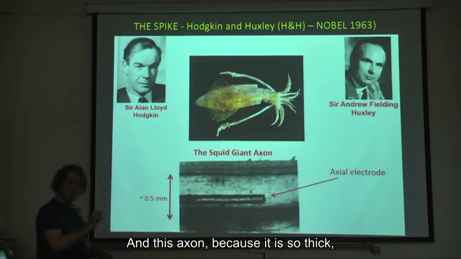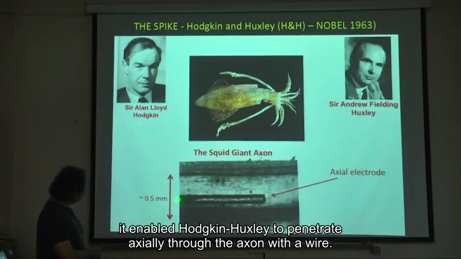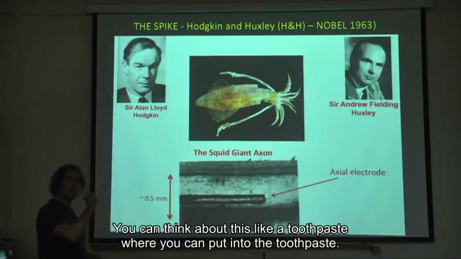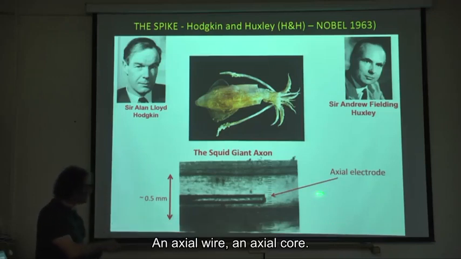And this axon, because it is so thick, enabled Hodgkin-Huxley to penetrate axially through the axon with a wire, with an electrode inside. You can think about this like a toothpaste, where you can put into the toothpaste an axial wire, an axial core.